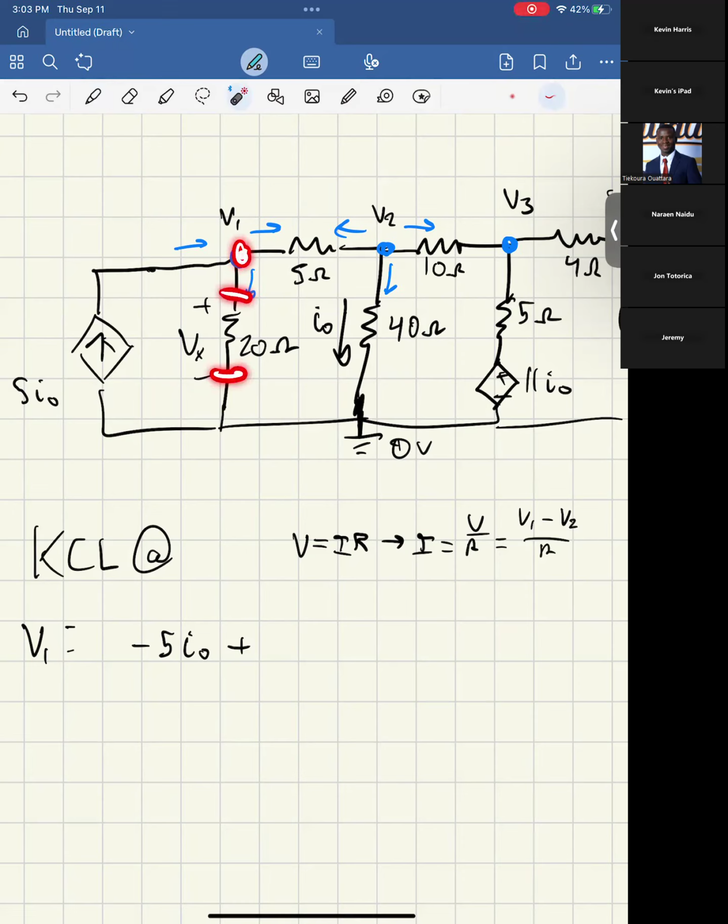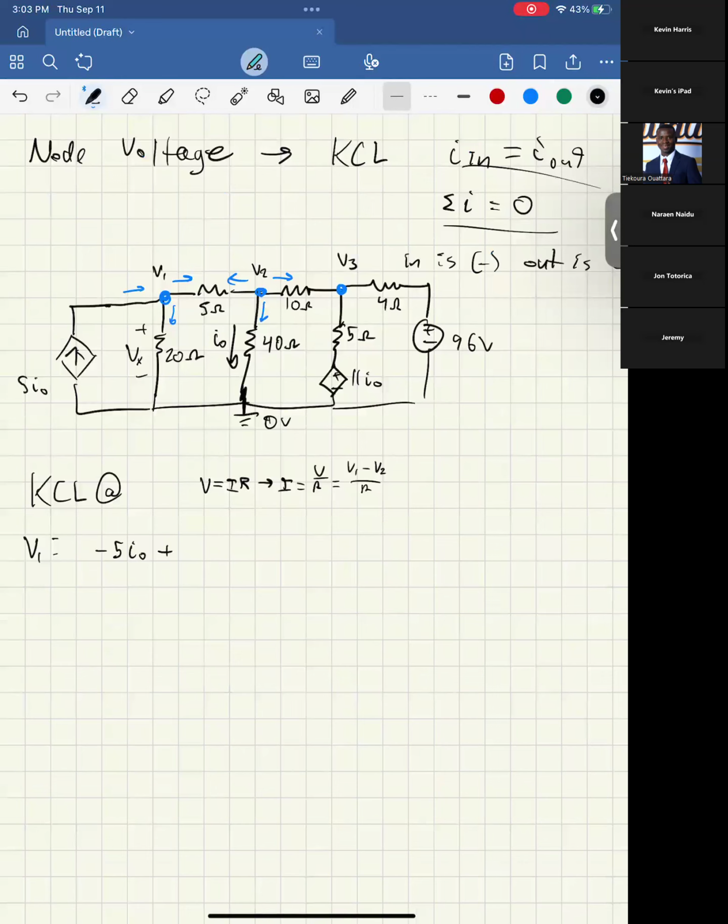We've defined the voltage here as V1, and the voltage here as 0 volts. So this will be plus V1 minus 0 over 20, and then out to the right, we'd have V1 minus V2 over 5. And you can write ohms and ohms, and that equals 0, right?